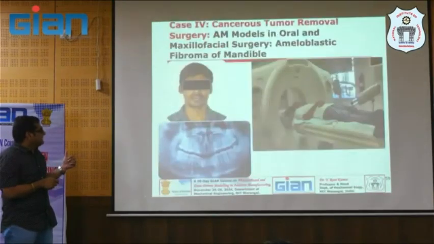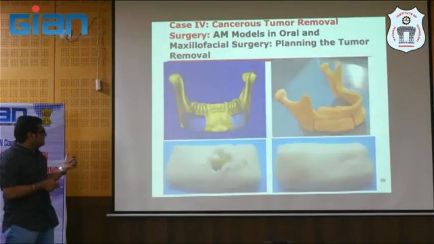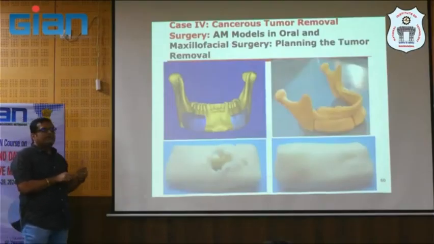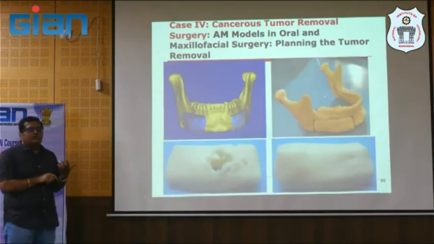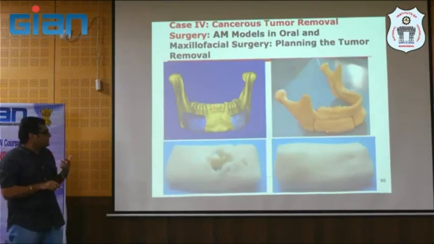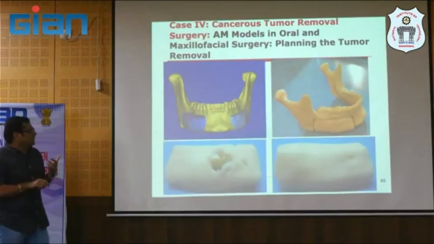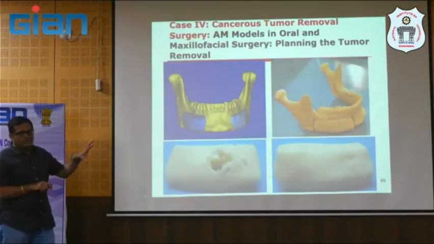And the next case study is a cancer patient. You can see this is a cancer affected bone. So here, anyway, we need to remove that cancer region of the bone, right? Then how much we need to remove, where we need to remove, and if we are going to remove that part and supplement with some implant, we are going to affix an implant here.